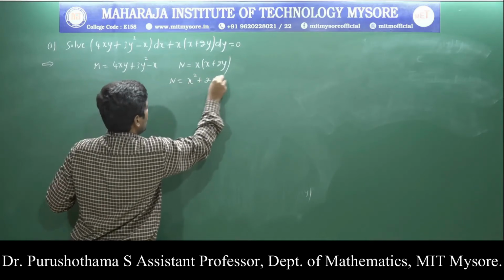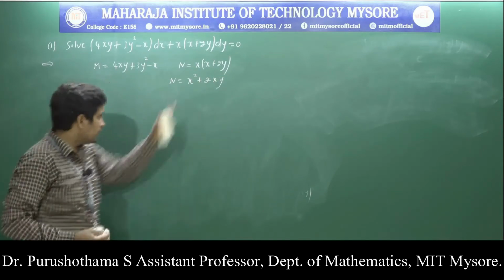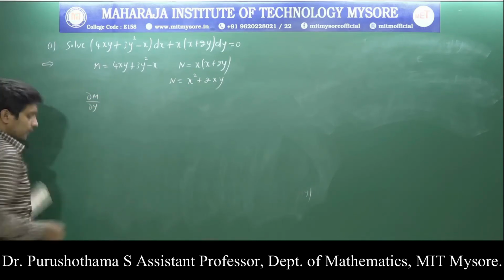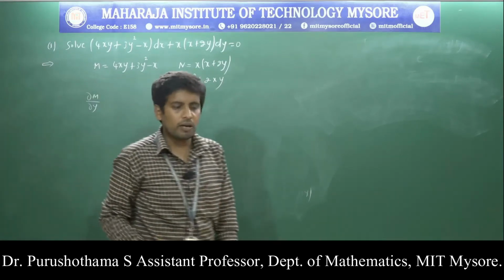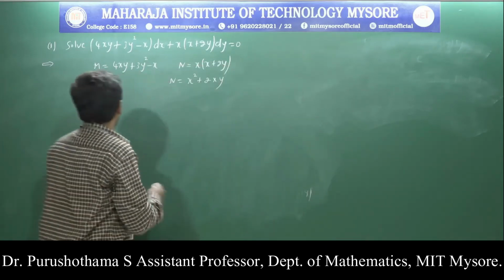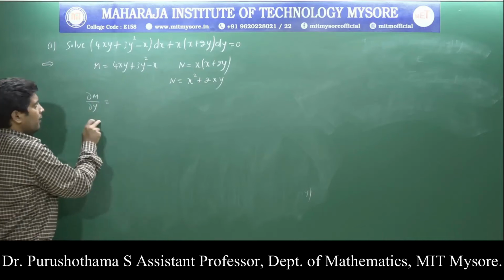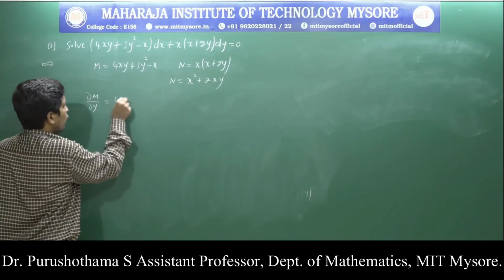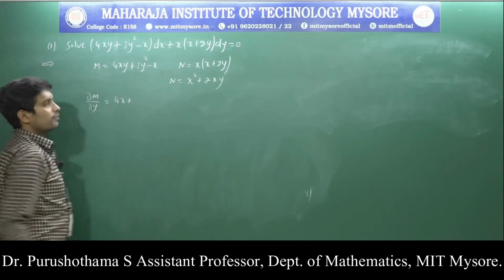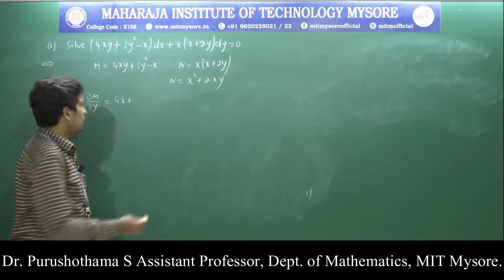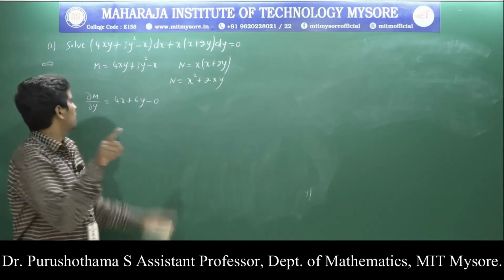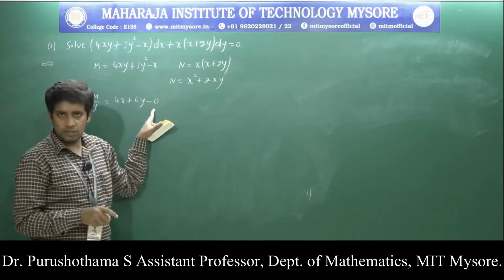In the next line, verify the exactness condition, meaning first find the derivatives of M and N with respect to y and x. Therefore the partial derivative of M with respect to y is 4x, the derivative of y being 1, plus the differentiation of 3y square with respect to y, therefore 6y, minus the derivative of x with respect to y, which is 0.